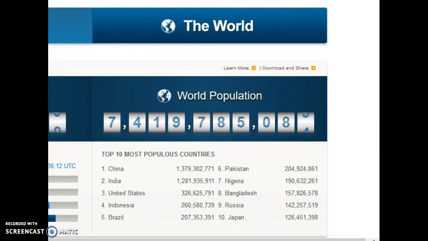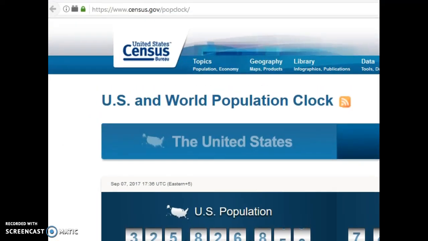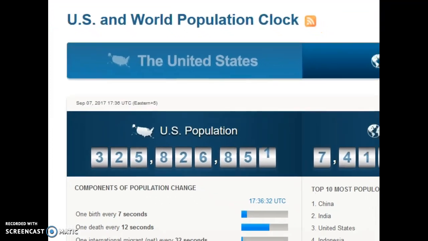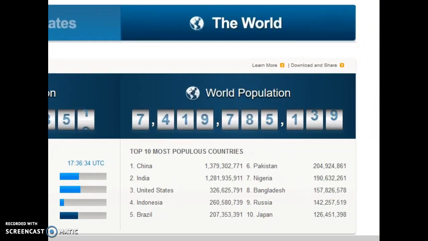How do we fit into this picture? So this is the United States Census clock that shows how our population is growing and expanding and getting larger and larger. But you notice it's not growing real fast. But let's scoot this over and look at the world.